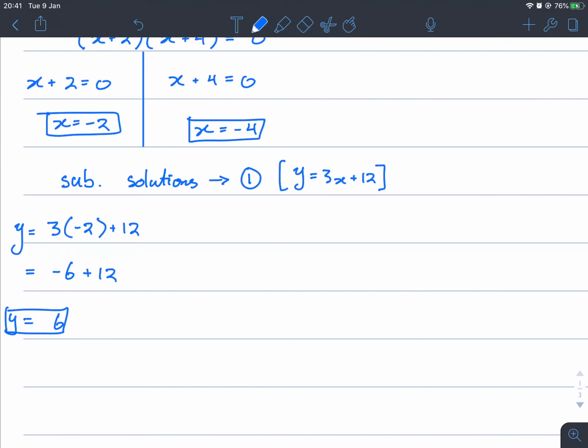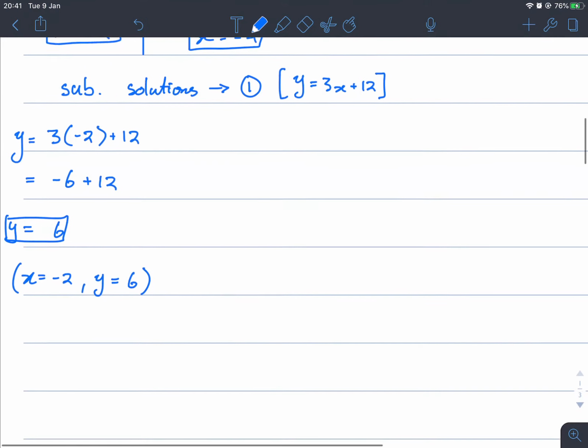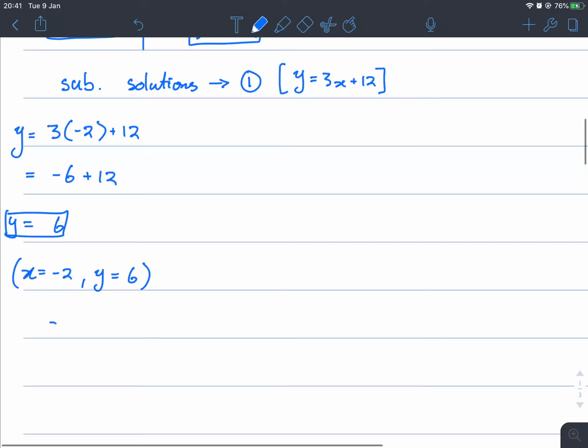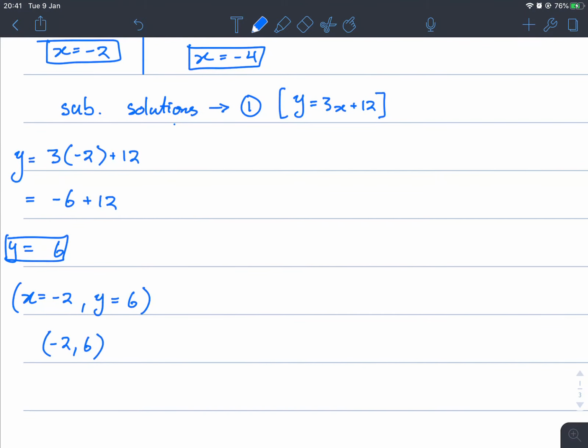So this pair of solutions on my left side, the solutions are x equals -2, y equals 6. And because it's x and y, I can label this as a pair of coordinates, so -2 and 6. And I could plot that in if I'd like to.